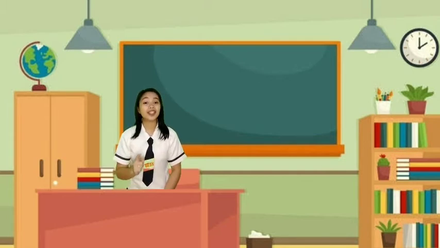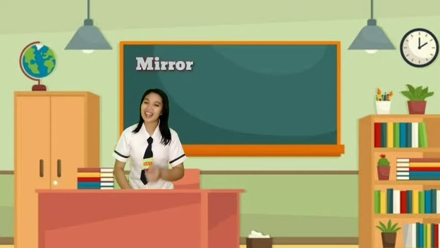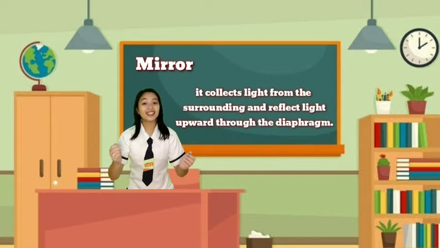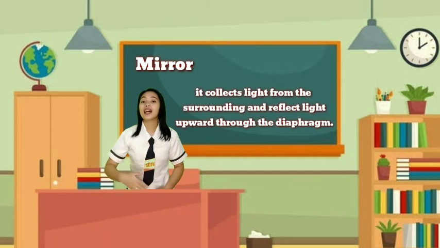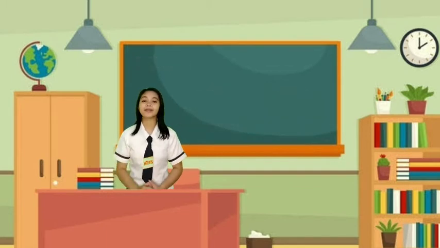It is the mirror and the eyepiece. Based on the activity, what is the function of a mirror? Brilliant! It collects light from the surroundings and reflects light upward through the diaphragm.